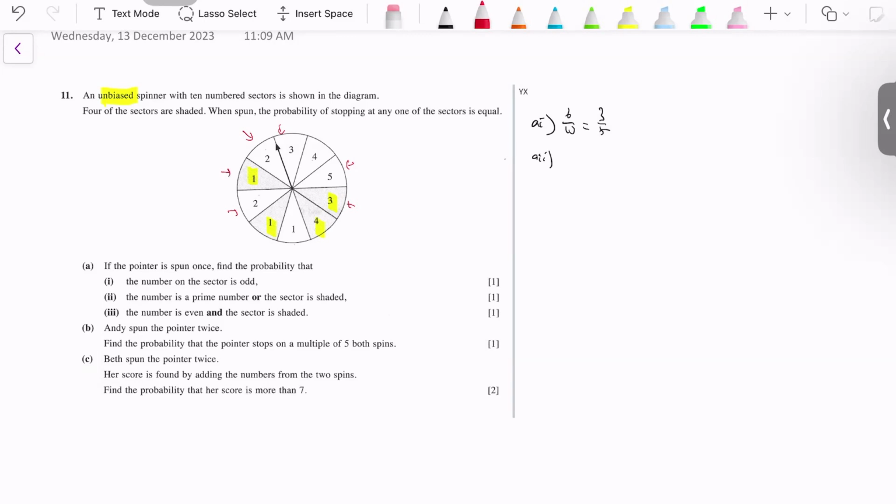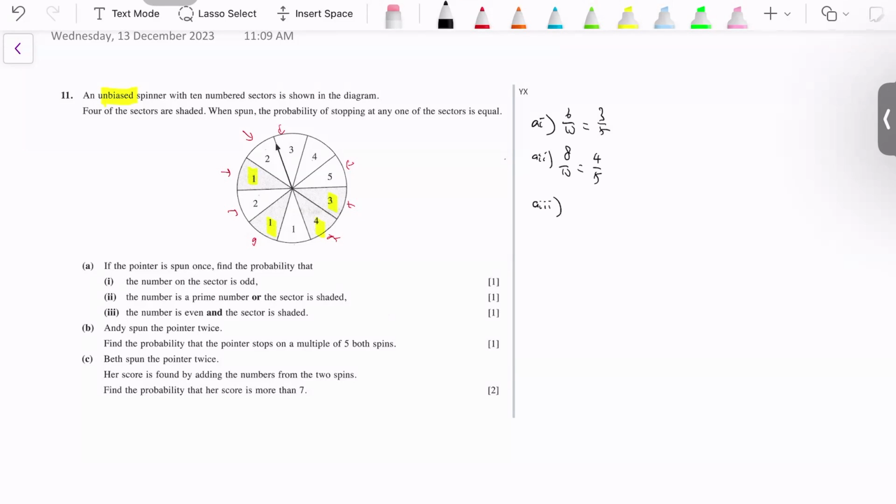So all the numbers that are pointed out in red are either prime, or shaded, or both. Out of all this, there are a total of 8 which are prime or shaded. So the probability is 8 out of 10, which is 4/5.